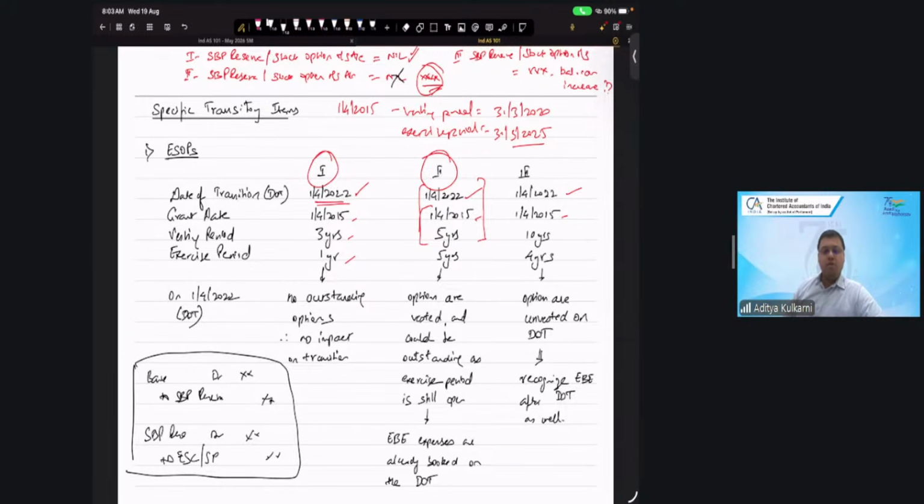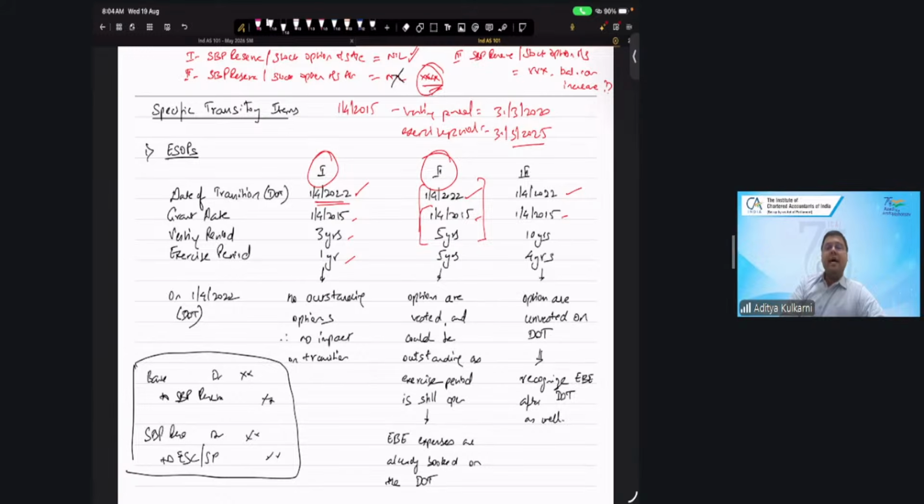Are you able to follow? Yes, you have your SBP reserve sitting in the balance sheet at intrinsic value. All vesting is over in respect of this plan. Now only exercise is pending. So Ind AS 101 says that I know this is a wrong measurement. It should have been at fair value, but it is at intrinsic value.